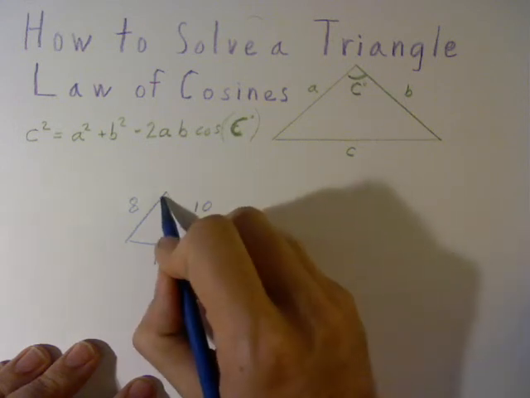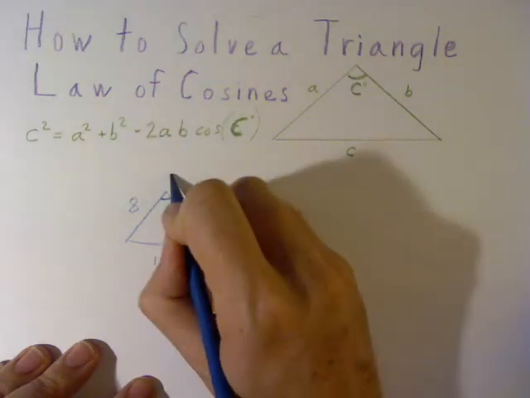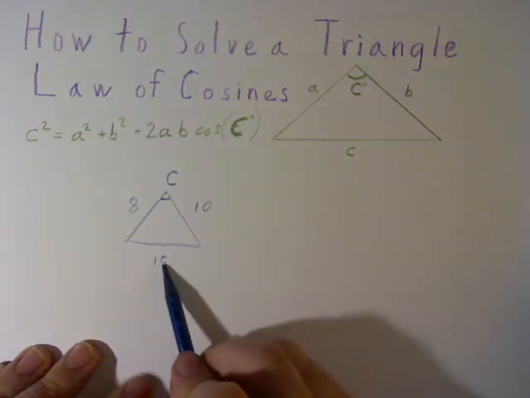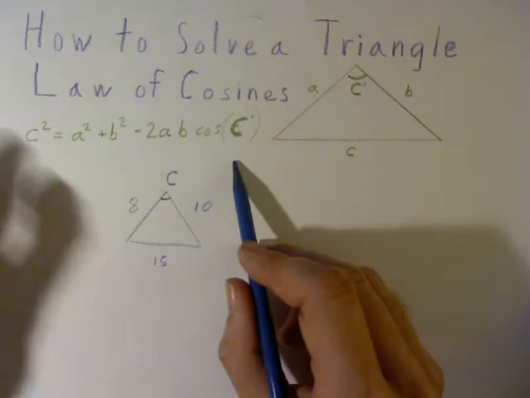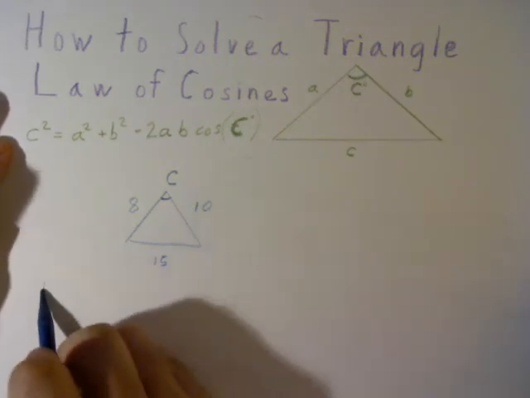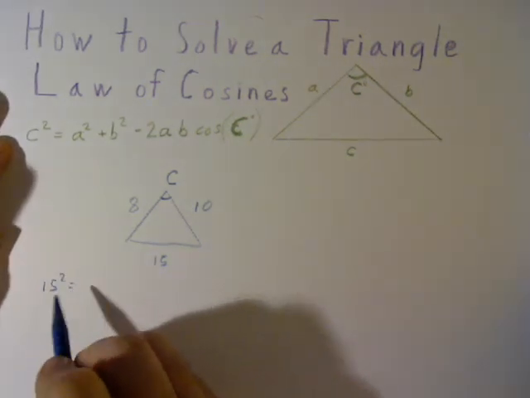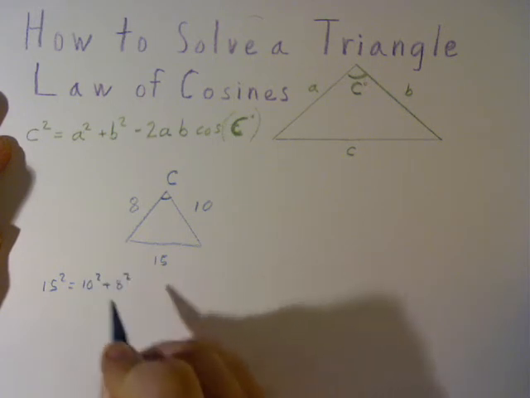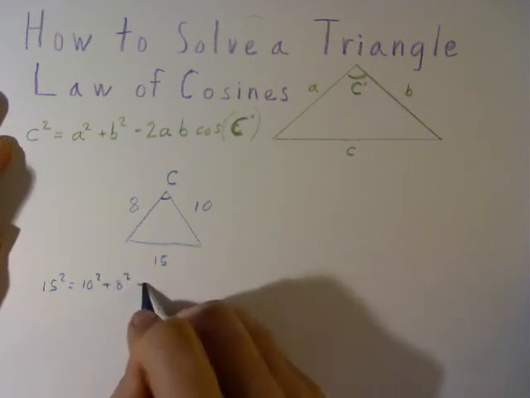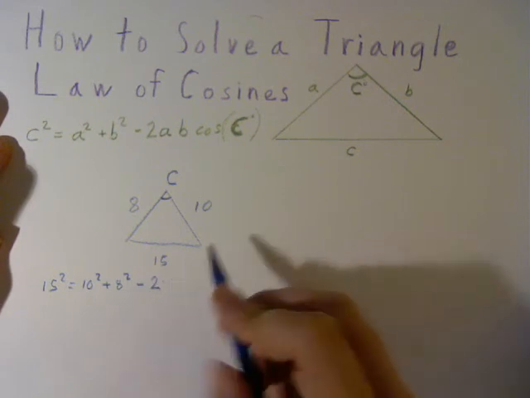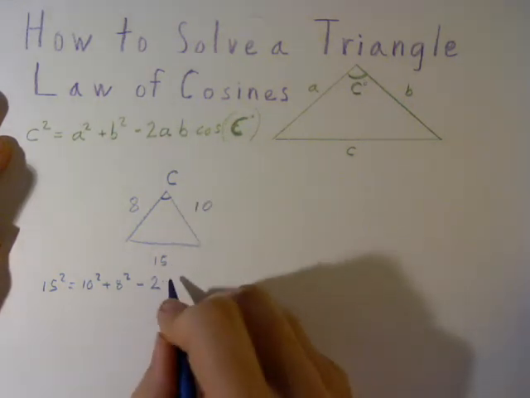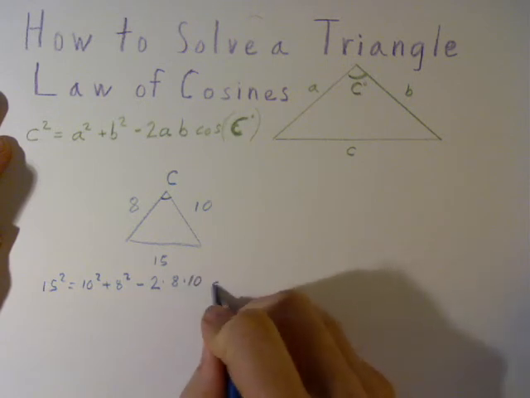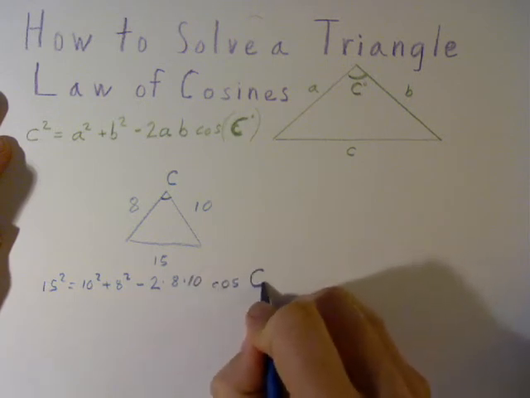Let's first solve for this angle right here, which we will call C. We'll take our formula and write 15 squared equals 10 squared plus 8 squared minus 2 times a times b, which is 8 times 10, cosine of c.